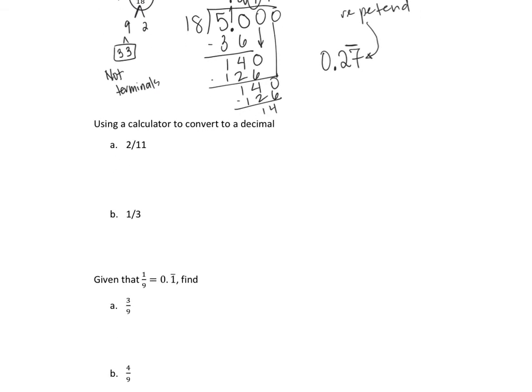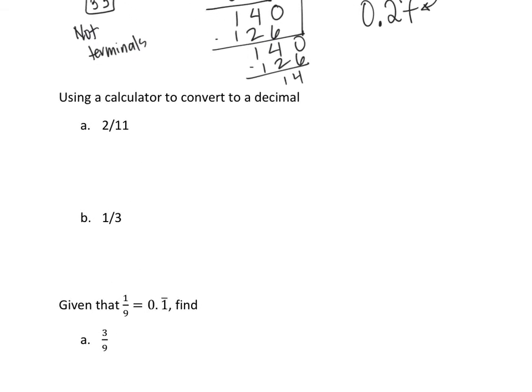We're going to use a calculator for this next part just to see how this looks on a calculator. If I take 2 divided by 11, that ends up with 0.1818181818. But depending on how many digits your calculator can hold, it might have a rounded digit at the end.